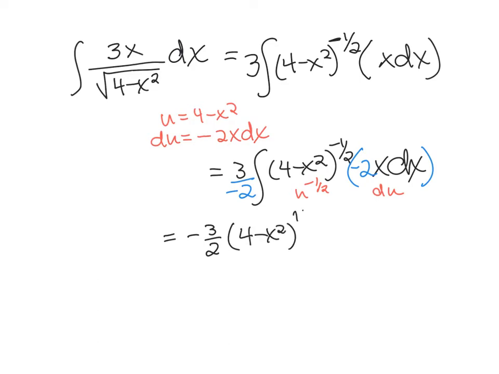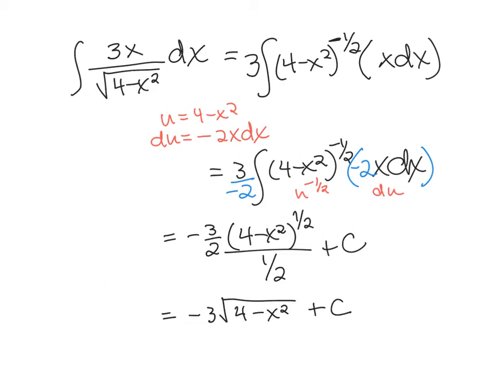You're going to add 1 to the power and divide by the power. Now that guy in the bottom, 1 over 2, is going to flip to be 2 over 1. The 2's will cancel, and my final answer here is going to be minus 3 square root of the stuff plus c.